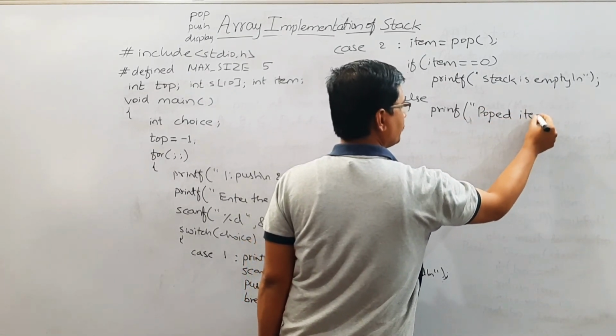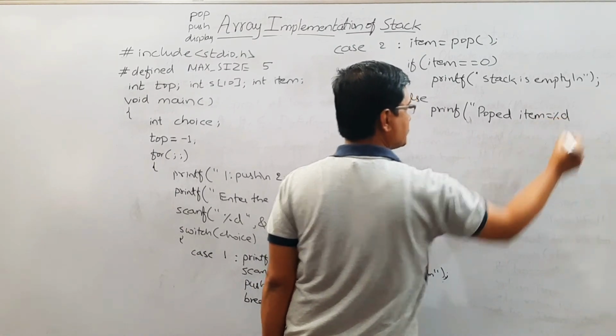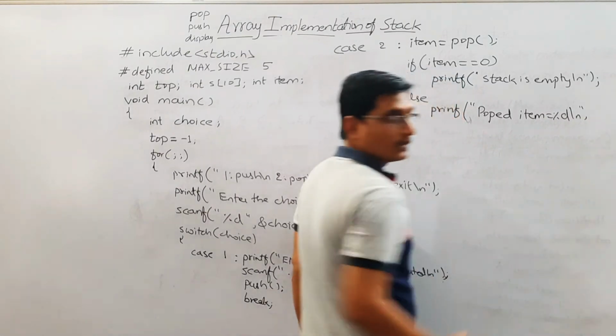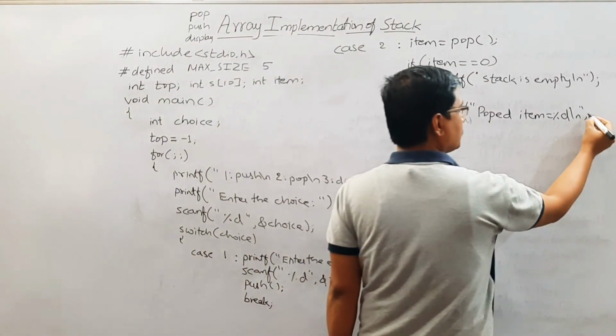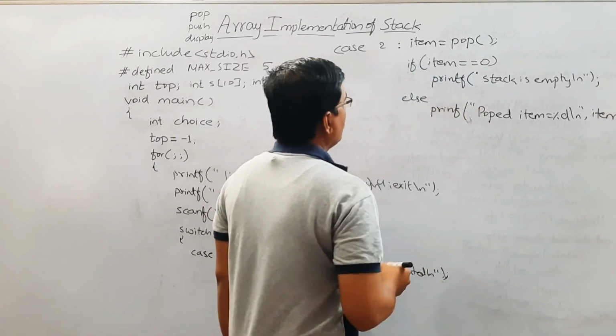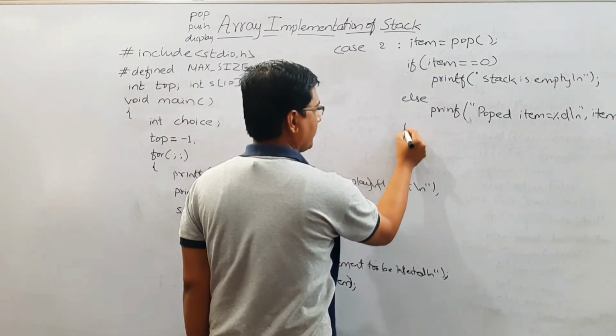Popped item is equal to %d. Popped item is, this is the item. Then break.